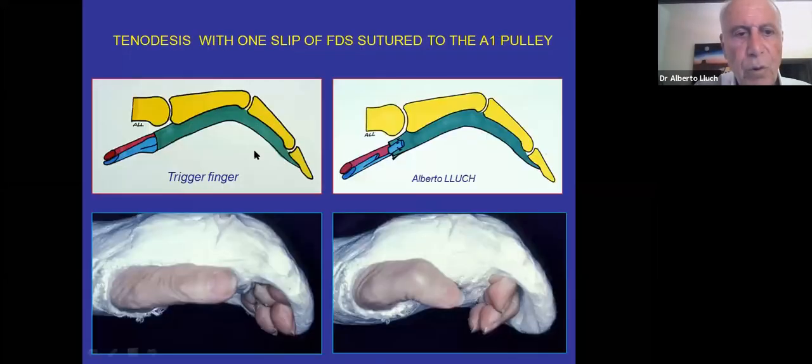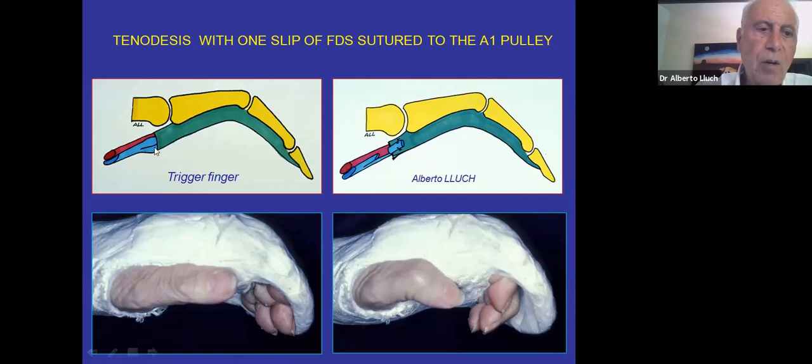And personally, what I do is the same principle, that you get a flexion of the PIP joint with a trigger finger. If you get a trigger finger with the enlargement of the flexor digitorum sublimis at the entrance of the A1 pulley, you will not be able to extend the PIP joint. So based on the same principle that you get in a trigger finger, I do a small incision in the A1 pulley to be able to put a suture of one slip of the flexor digitorum superficialis.